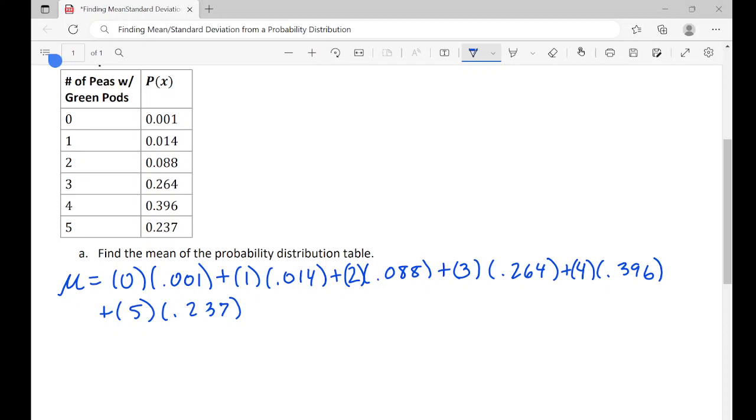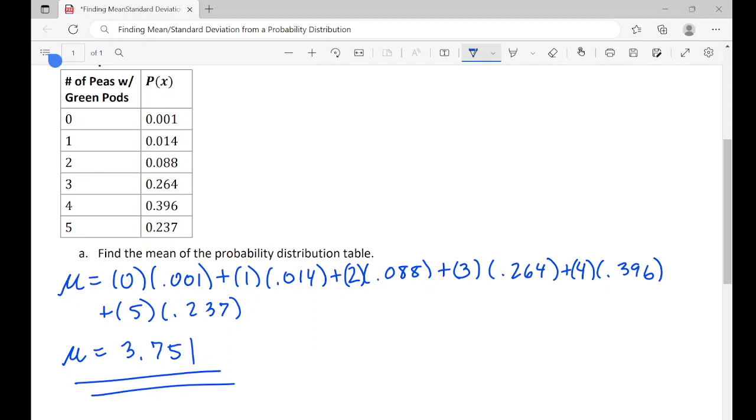And now you're going to multiply and add all of these together. And when you do that, we're going to end up getting a mean of 3.751.